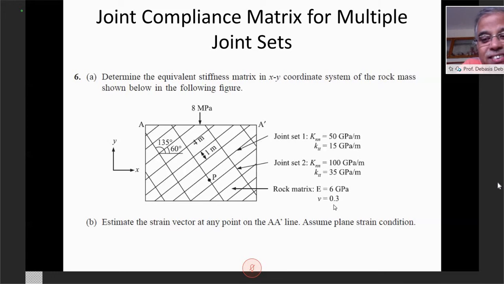You start the process, and if you find difficulty, you just let me know. I'll tell you what to do. You open Excel. First, find out for the joint set 1. For the joint set 1, you find out the C1.